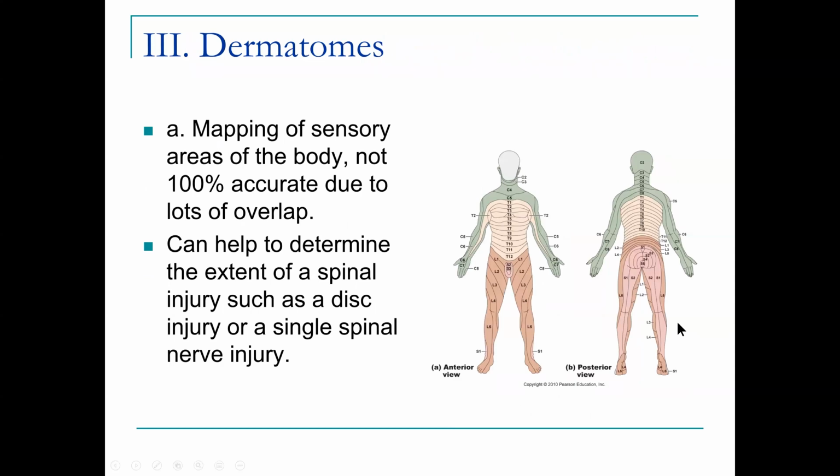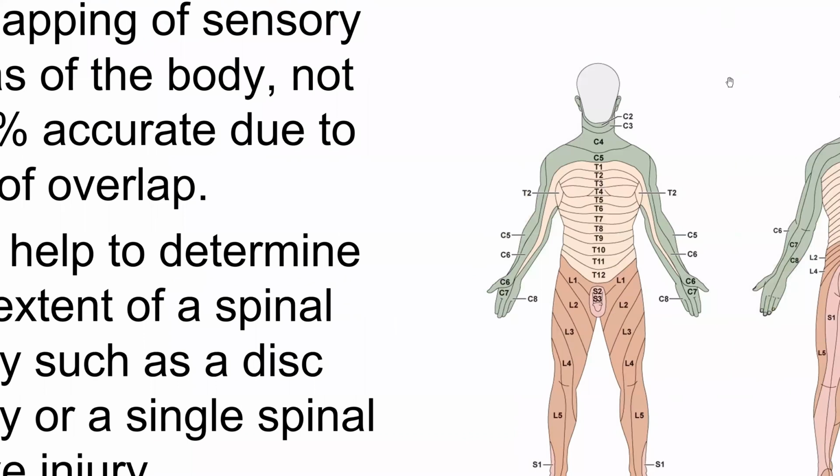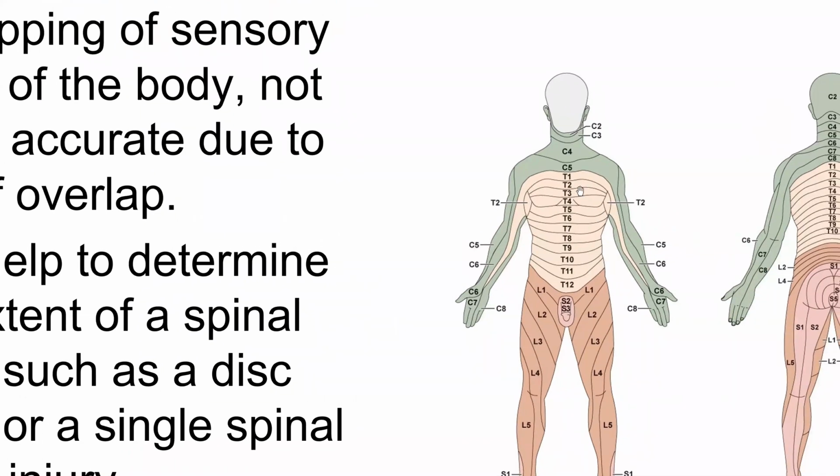Dermatomes, this is what I was talking about, those T2 through T12, but there are also dermatomes all over. They have generalized areas that they innervate, and you can tell how far up a paraplegic still has sensation and where they lose sensation, okay?